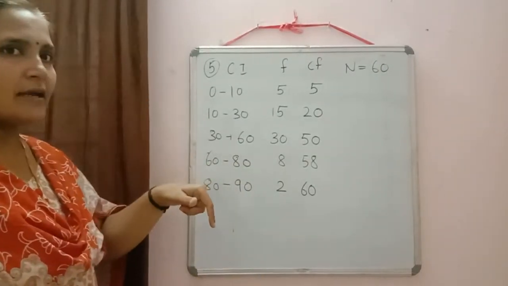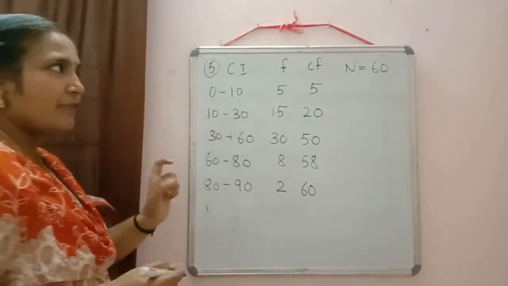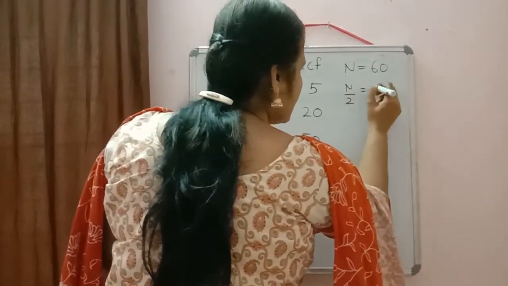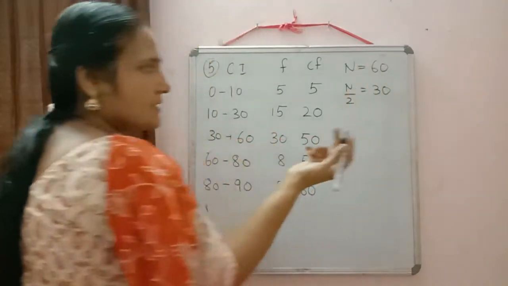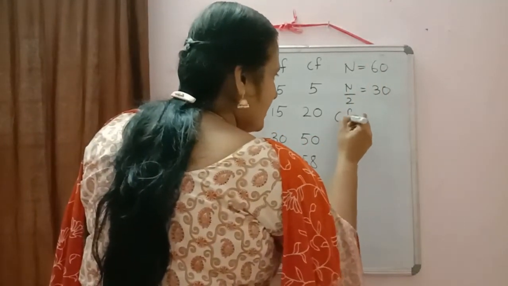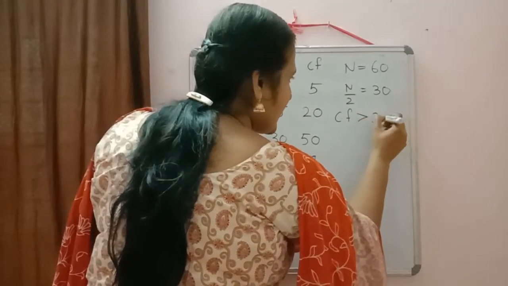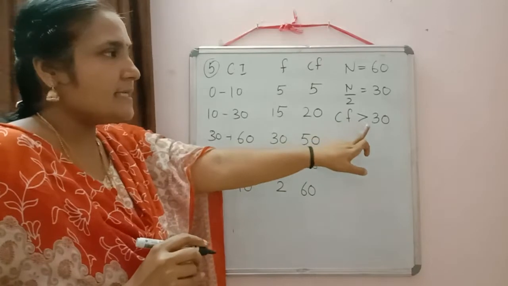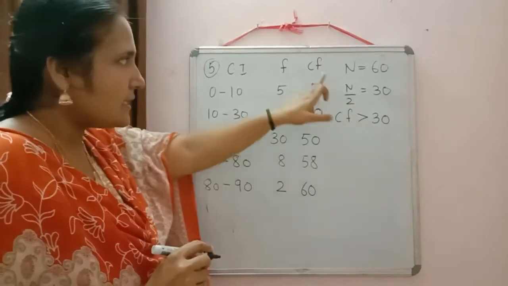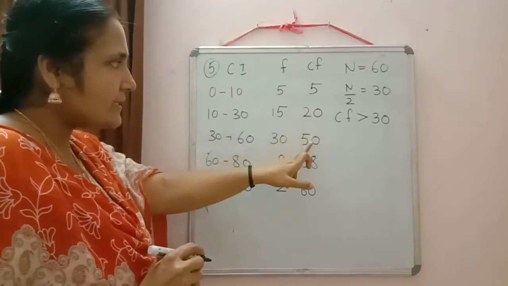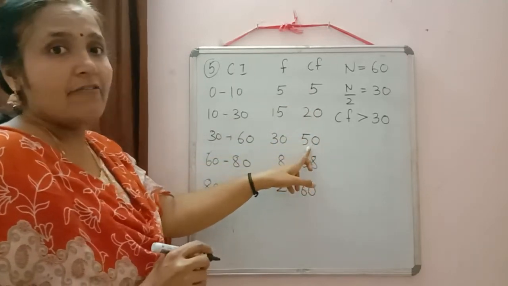After that, in the method we wrote there, find n by 2. So n by 2 will be equal to 30. 60 by 2 is 30. Then what you have to do? Check the cumulative frequency just greater than n by 2. So cumulative frequency just greater than 30, that is 50.